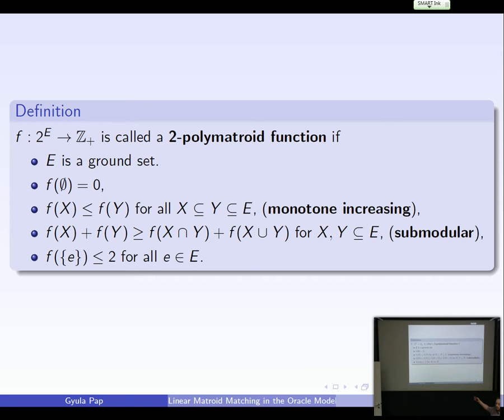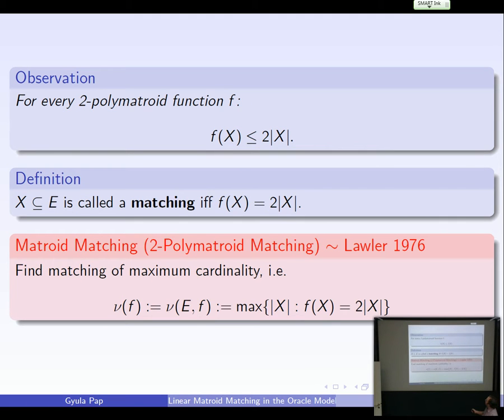We could get one just by multiplying a matroid rank function by 2, or adding two matroid rank functions on the same ground set. That also gives us a two-polymatroid function. Now, a matching is a subset of elements for which the rank is equal to twice the cardinality.